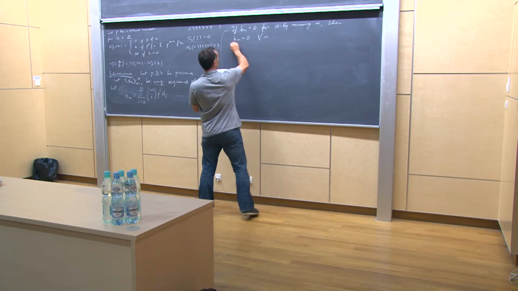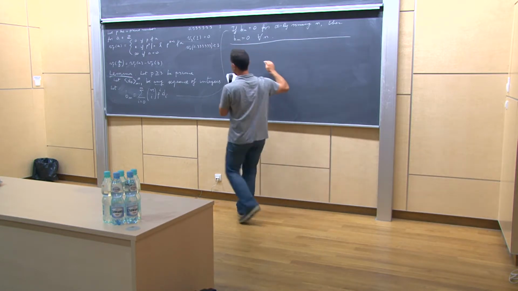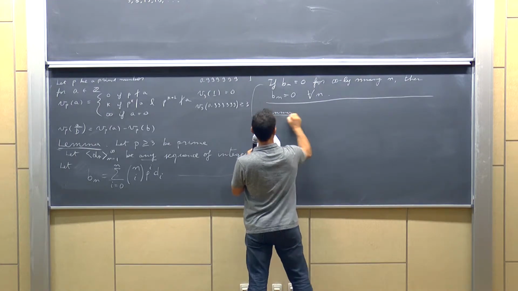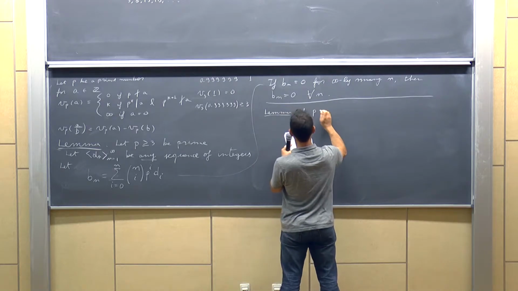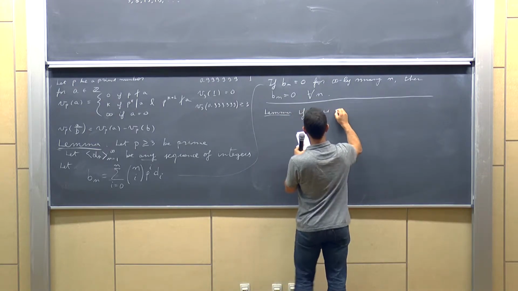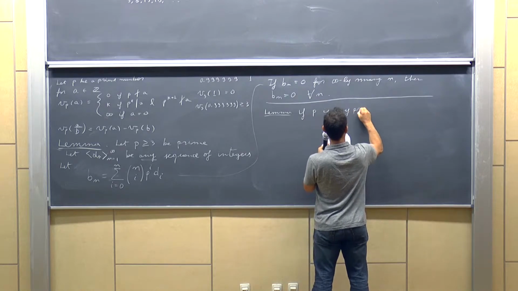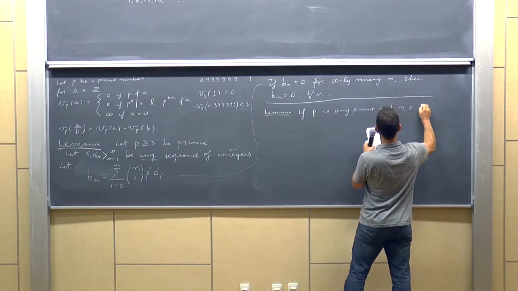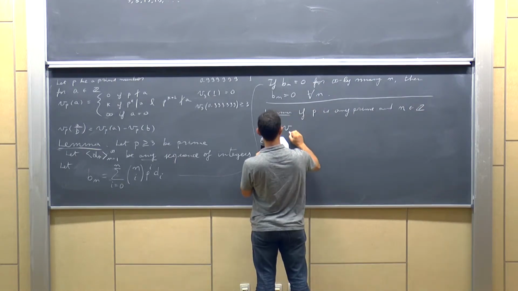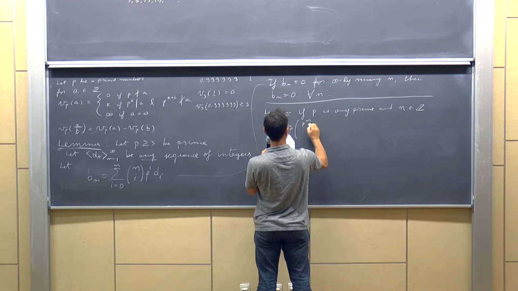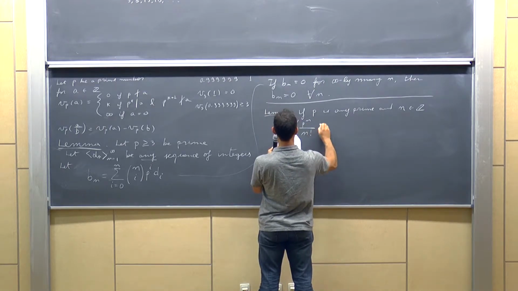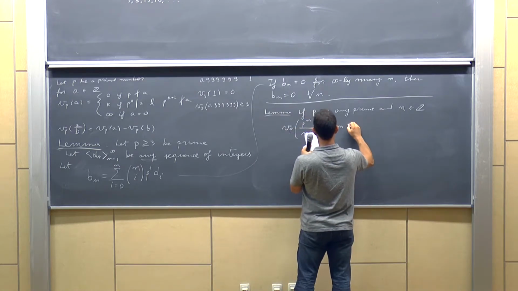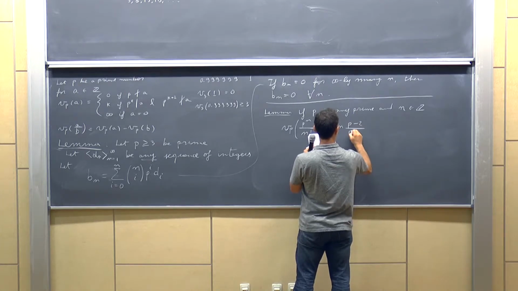Okay, so let's see. I'll prove another lemma. Here's another lemma. If p is any prime and n is an integer, then the p-adic valuation of p to the n over n factorial is at least n times (p minus 2) over (p minus 1).